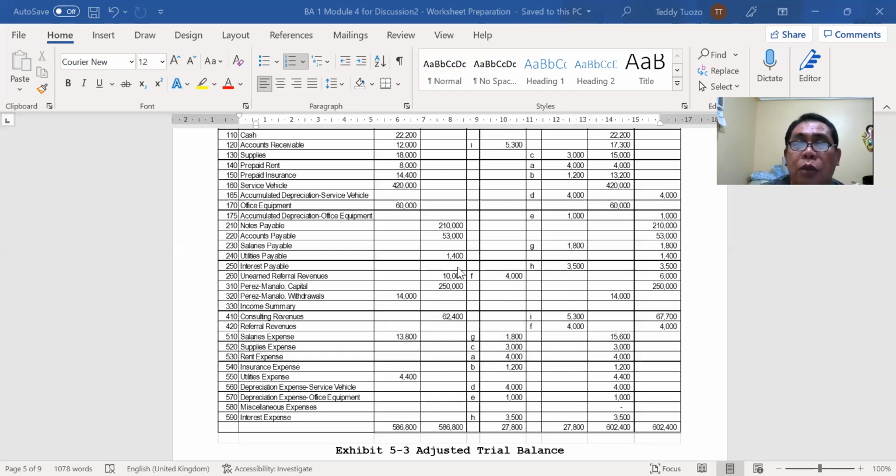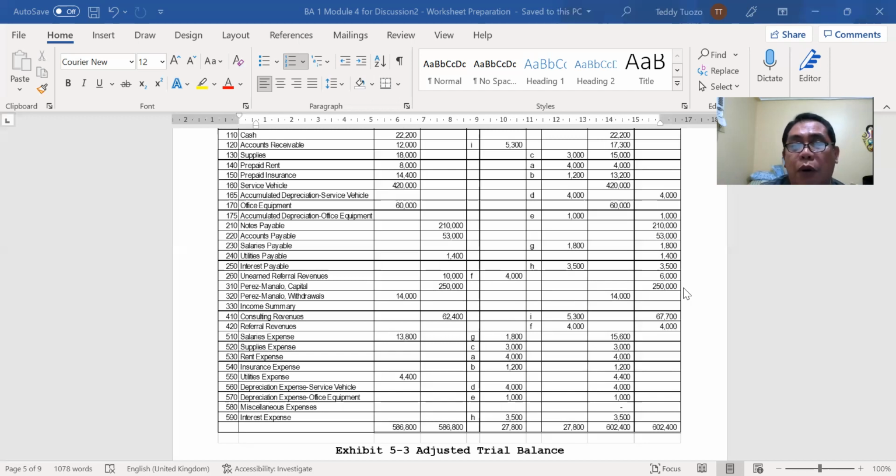Remember, the 10,000 is collected in advance. The 4,000 was already performed. It was a liability because it was collected in advance and no service was yet provided. After the service was provided, that's why we recognize it for the amount stated here.